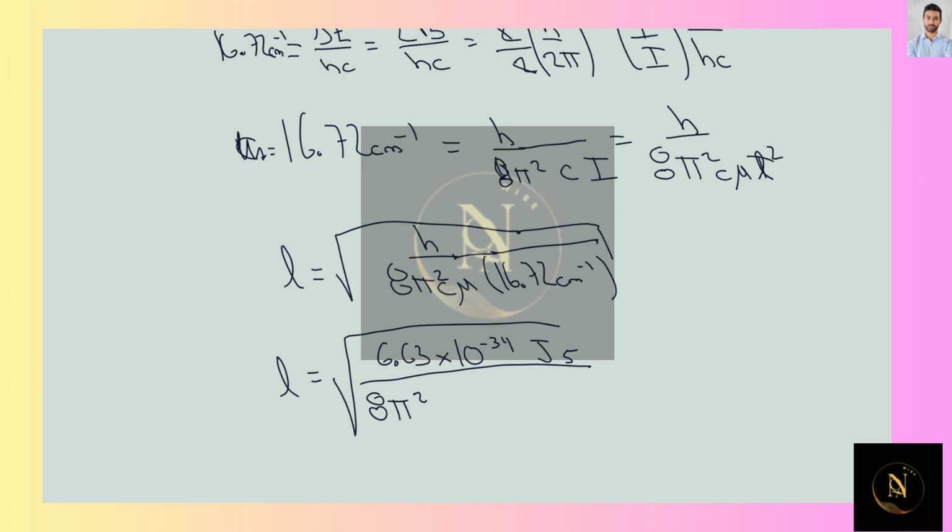The value for c is equal to 2.99 times 10 to the 10 centimeters over second, multiplied by 16.72 centimeters to the minus 1.